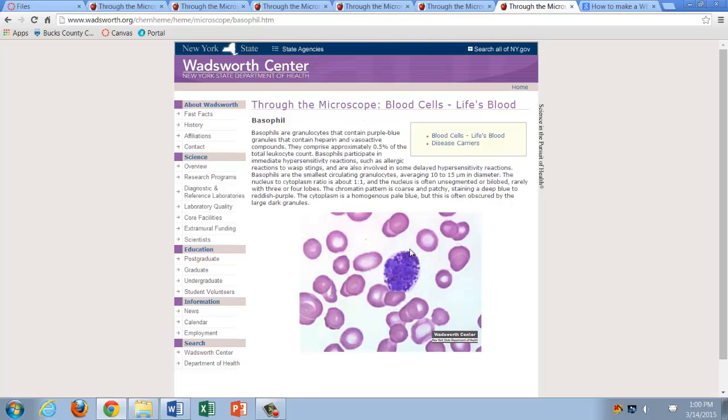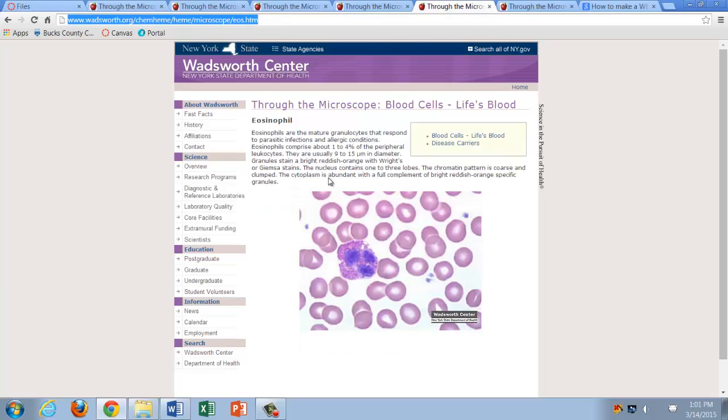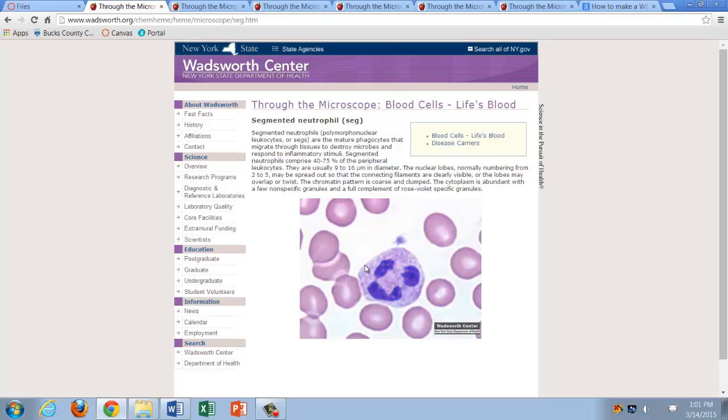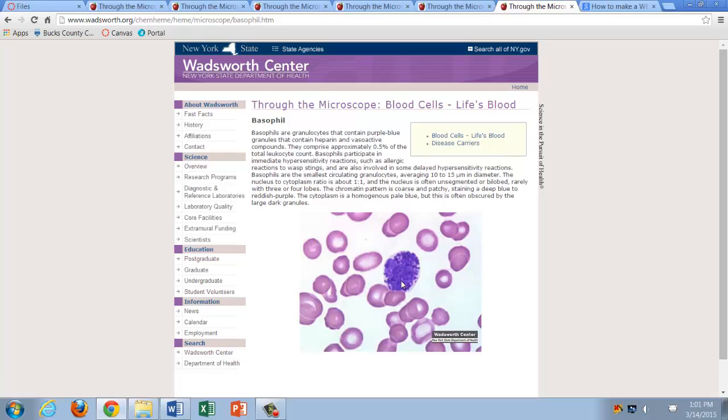And last but not least, this is a basophil. Again, this is a cousin of the eosinophil and the segmented neutrophil. They're all three the same nucleus with the segmentation. It's just that the colors of the granules are different. The granules are so dark purple or black sometimes, that it's hard to even see the segmented nucleus.